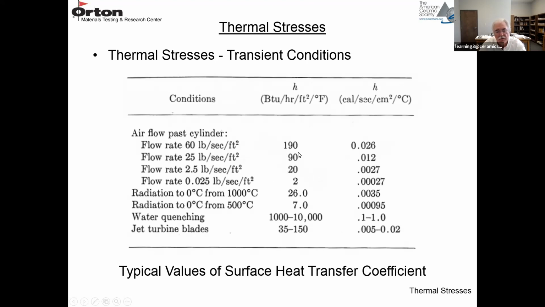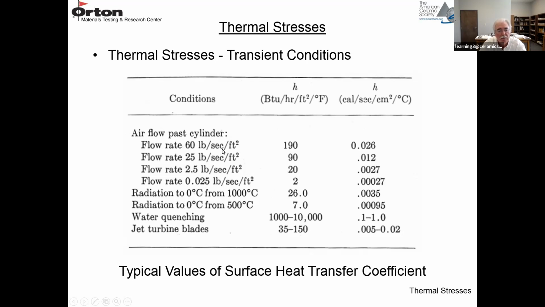This just shows some examples of different values of the heat transfer coefficient, so you can get a feel for the range of that. If you have air flowing past the cylinder, and there are 4 different flow rates here, 0.025 pounds per second per cross-sectional area, 1 foot squared, and that goes up to 60.